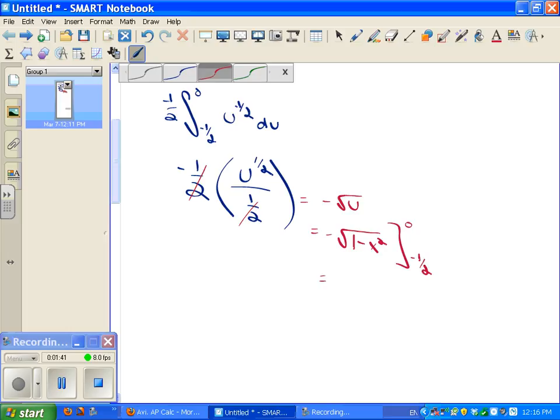So when I do that, I'm going to get a negative square root of 1 minus 0, so that's square root of 1, and square root of 1 is 1, and then I have the opposite of that, minus. In here, if I square, I'm going to have the square root of 1 minus negative 1/2 squared, so that's going to get me 1/4, so 1 minus 1/4 is 3/4, so I'm going to get minus a negative square root of 3/4.